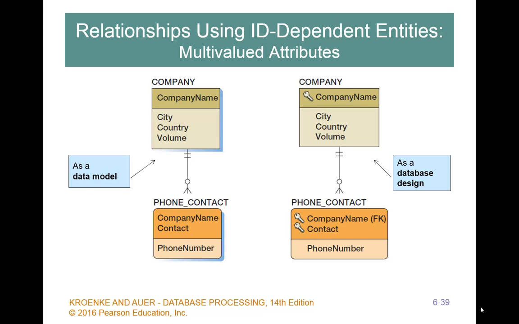So contact would be the primary key of our new table, where company name would be the foreign key that maps back to the parent table in a multi-valued attribute scenario. So in phone contact, now we have a composite primary key where only half of it maps back to the parent table and the other half is the primary key of the new table.